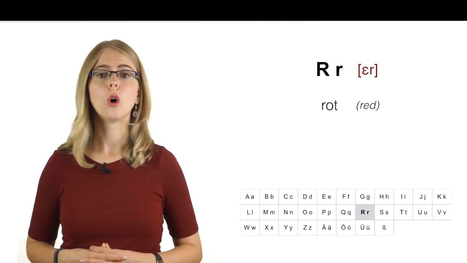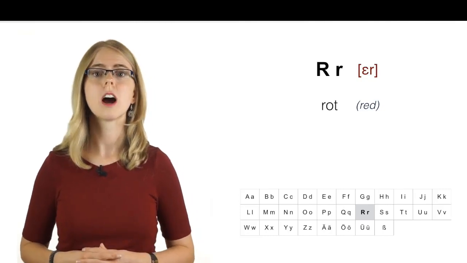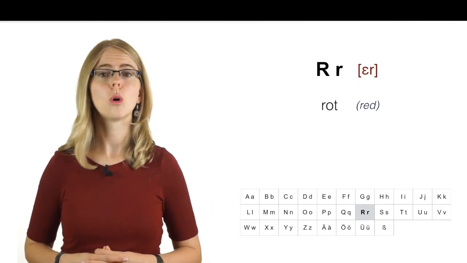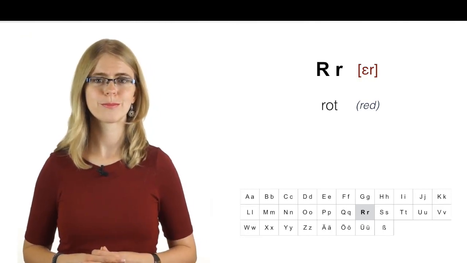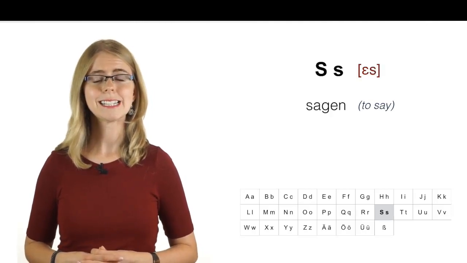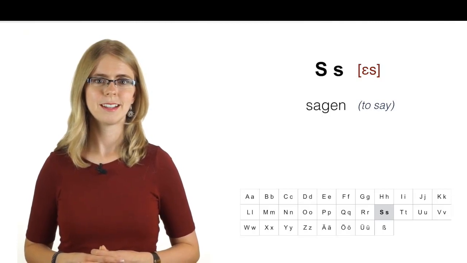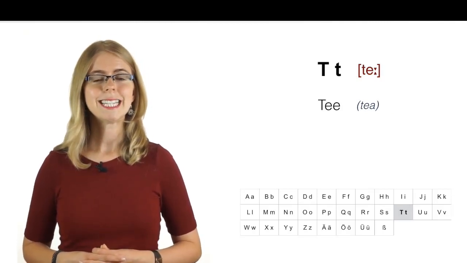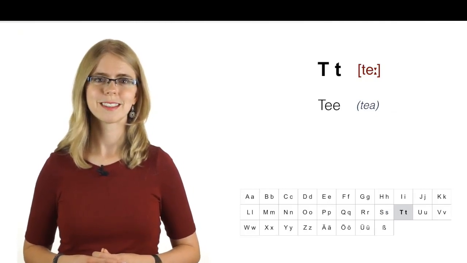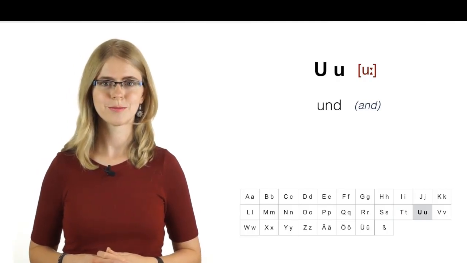R, rot. In standard German, the R is not rolled. It's rot. R, rot. S, sagen. T, Tee. U, und.